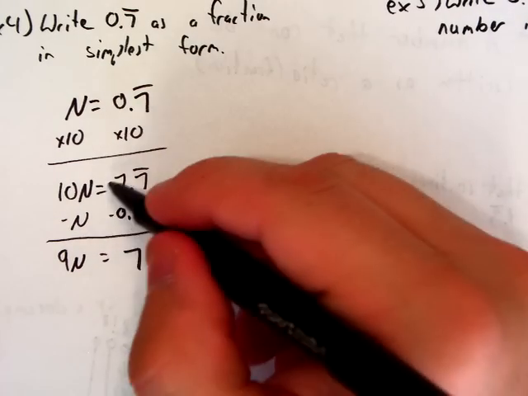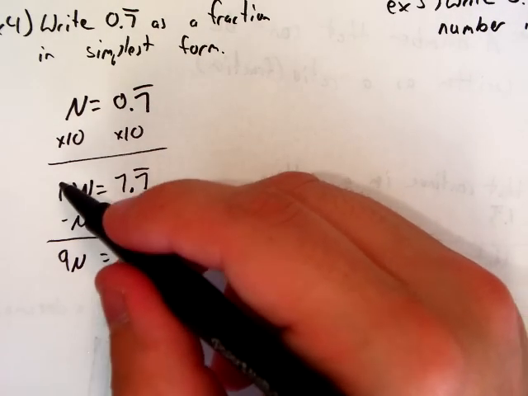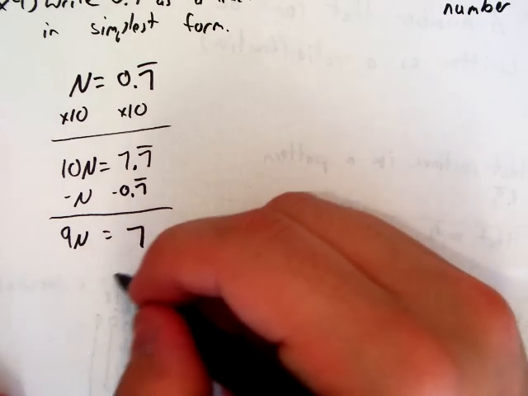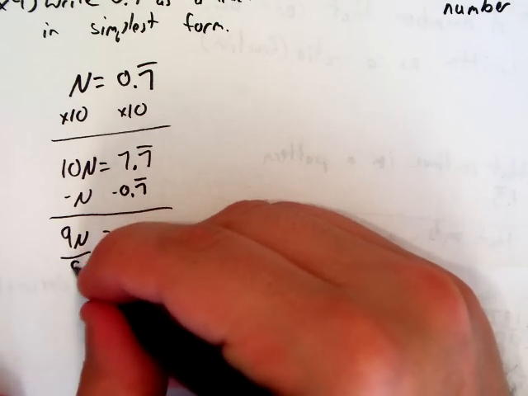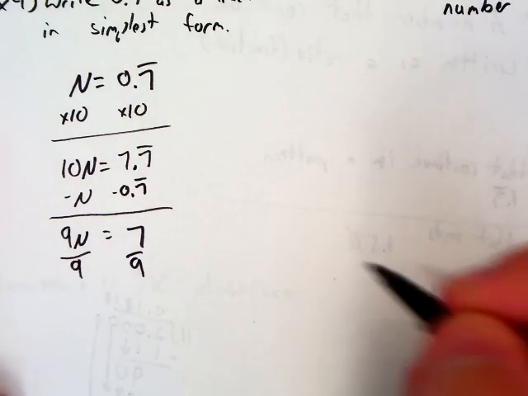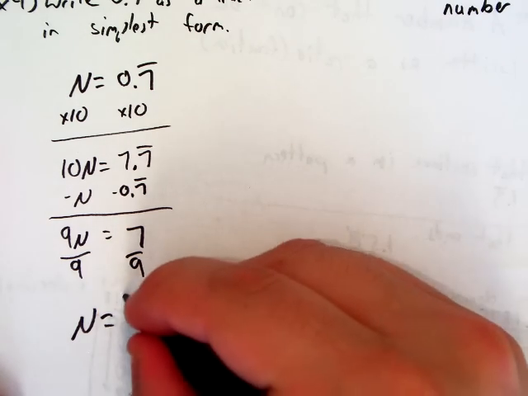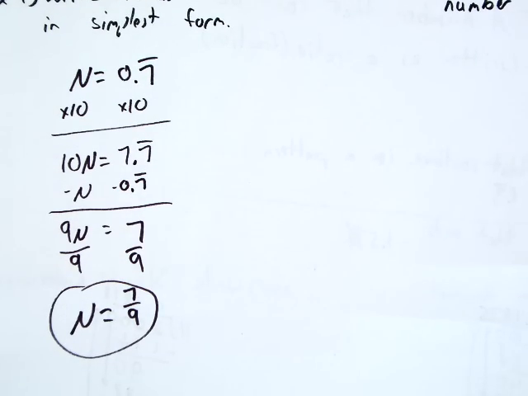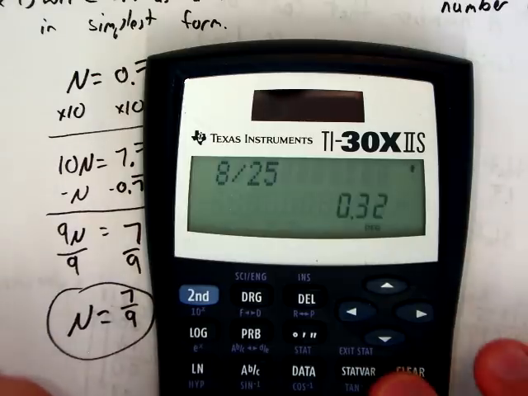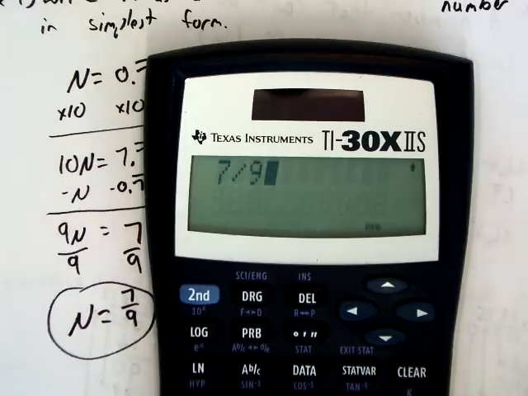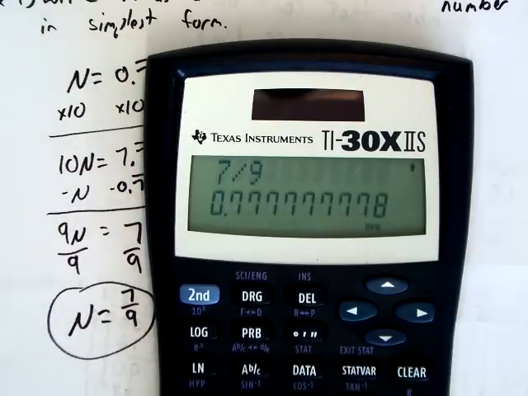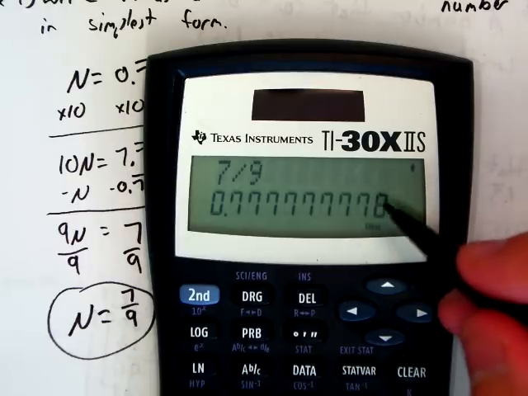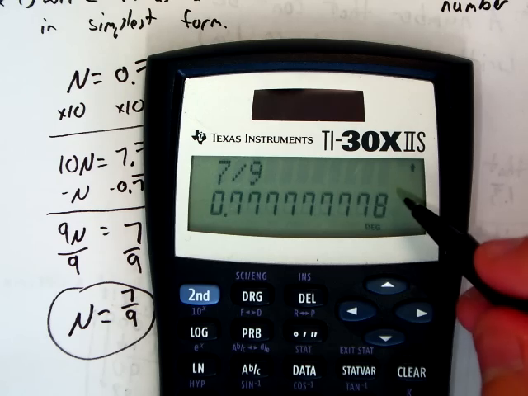Do not get confused. 10n minus n is not 10, because this is 10 times n. Now, I want n all by itself. This is a one-step equation now, so I'm going to divide both sides by 9. So I'm left with n equals 7/9. And if I use my calculator, 7 divided by 9 should be 0.7 repeating. And it is. Again, remember, this last number gets rounded because the calculator rounds once numbers go past the screen.